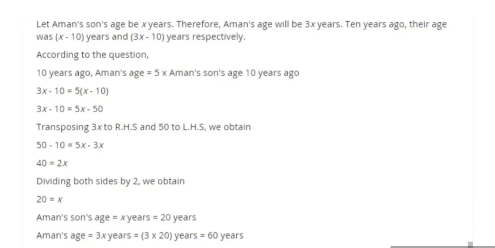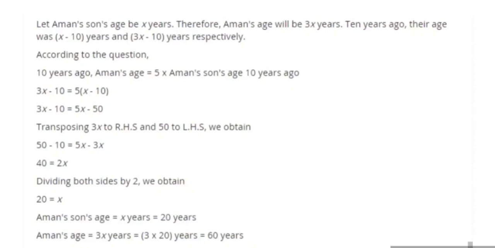Now according to the question, 10 years ago Aman's age is equal to 5 times Aman's son's age 10 years ago. So 3x minus 10 is equal to 5 in bracket x minus 10. So 3x minus 10 is equal to 5x minus 50.